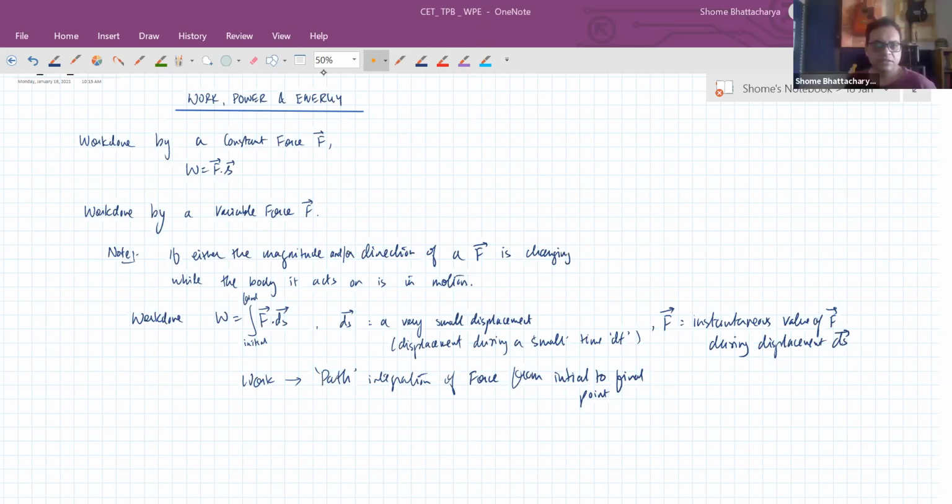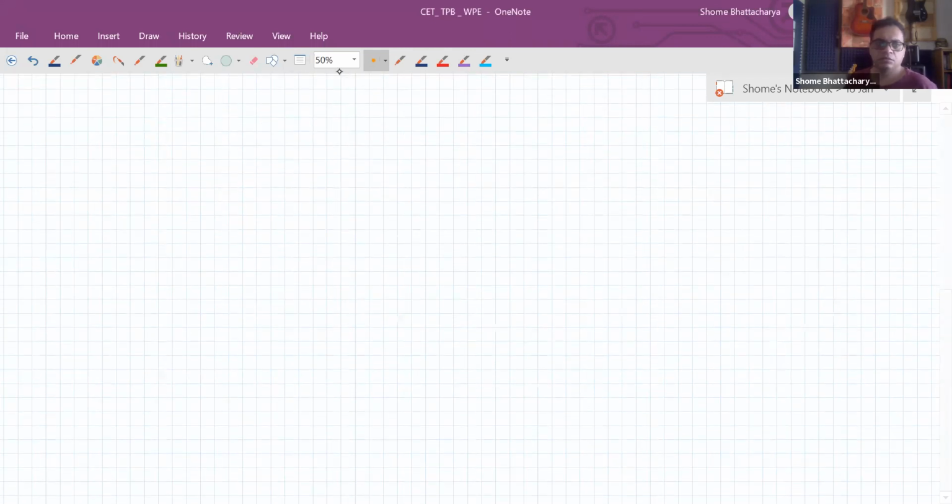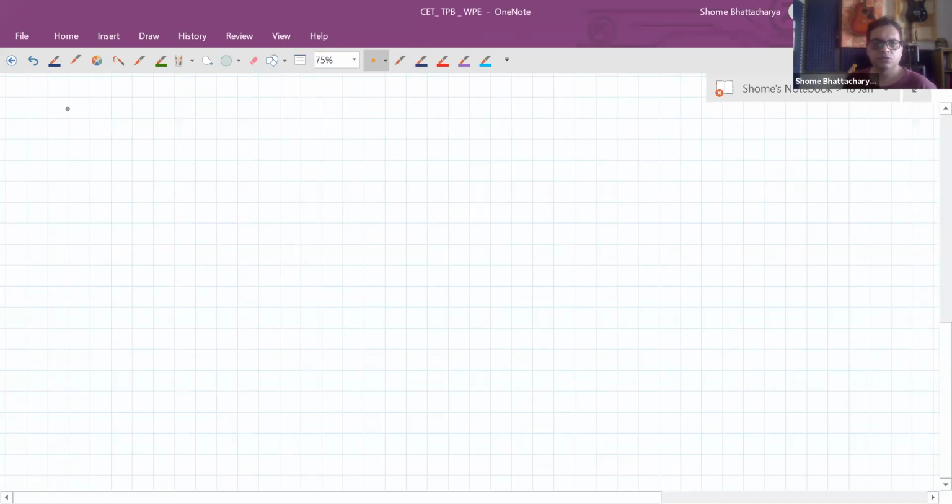All right, so next let's understand this with an example. The most obvious example of this is the work done by spring force, because the spring force, as you know, varies.